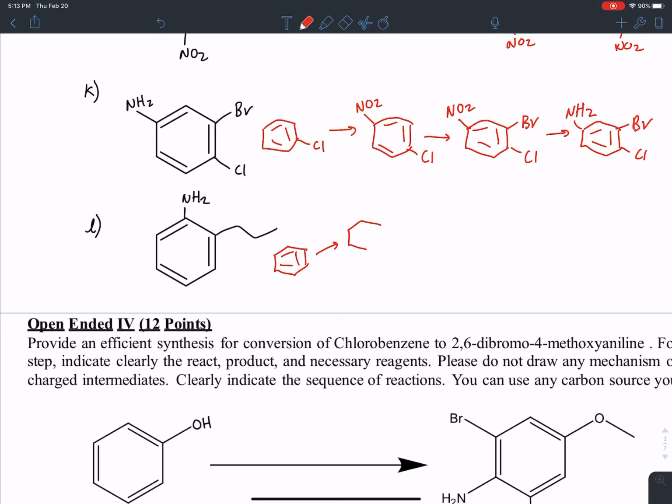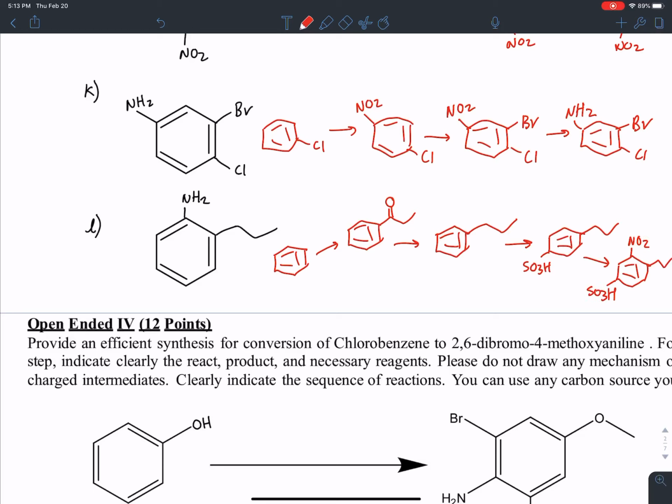We're going to first put our propyl, then we're going to reduce it, then we're going to block the spot, then we can put our NO2, and then we can reduce the NO2 to NH2 and take off the SO3H to make the answer.